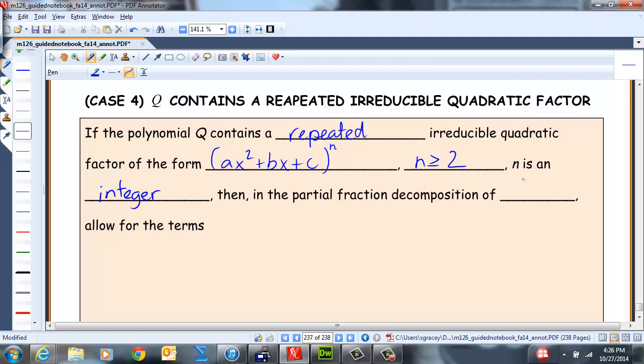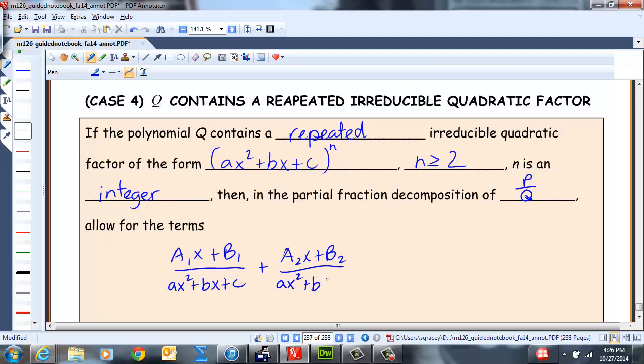Then, in the partial fraction decomposition of p over q, allow for the terms a1 times x plus b1 over ax squared plus bx plus c to the 1, and then plus a2x plus b2 over ax squared plus bx plus c squared.